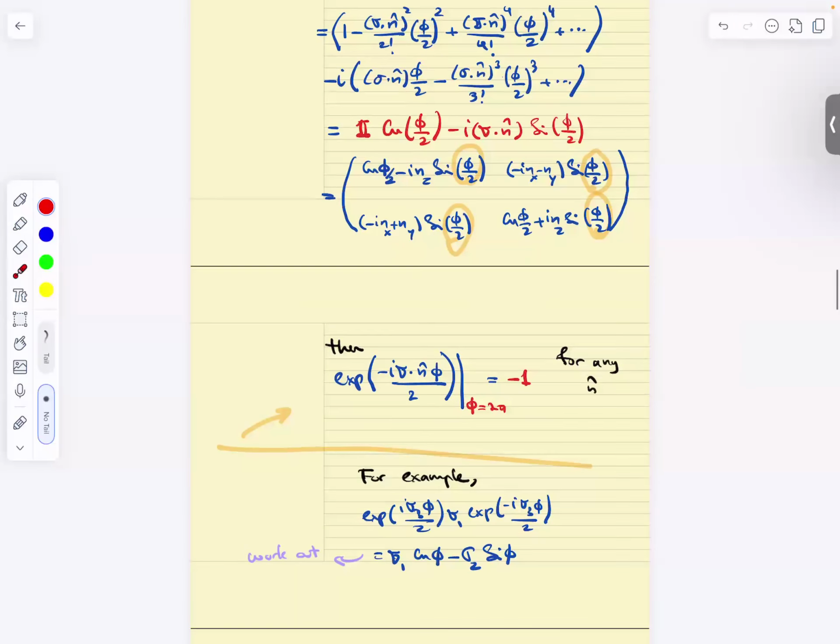An interesting thing about this is that if you put in 2 pi, you get sine pi and cosine pi. What is sine pi? 0. What's cosine pi? -1. So rotation around axis n by 2 pi, you do not come back. Your ket does not come back to the initial ket. It picks up a minus sign. Remember when I was talking about fermions, I said you rotate them by 2 pi, you pick up a minus sign? This is what that is.